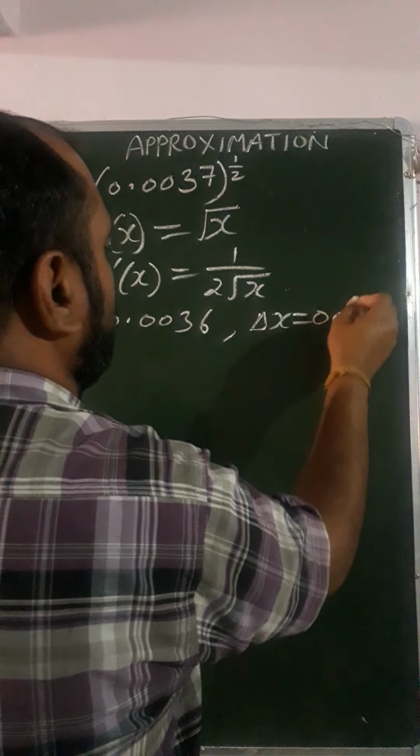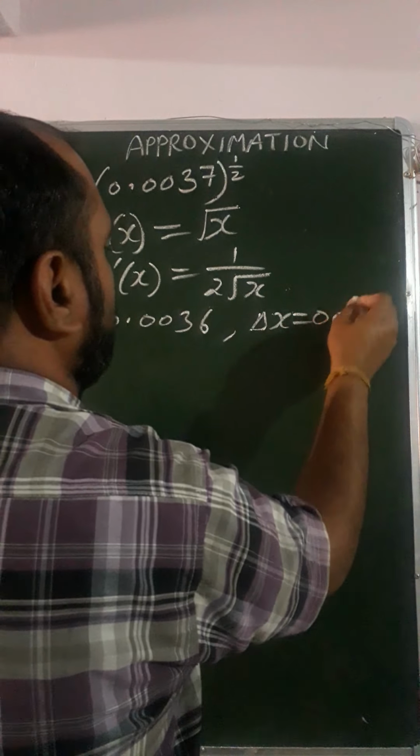So when you write here, this is 0.0037 and this is f of 0.0036, this is f dash 0.0036 and this is delta x, that is 0.0001, right?